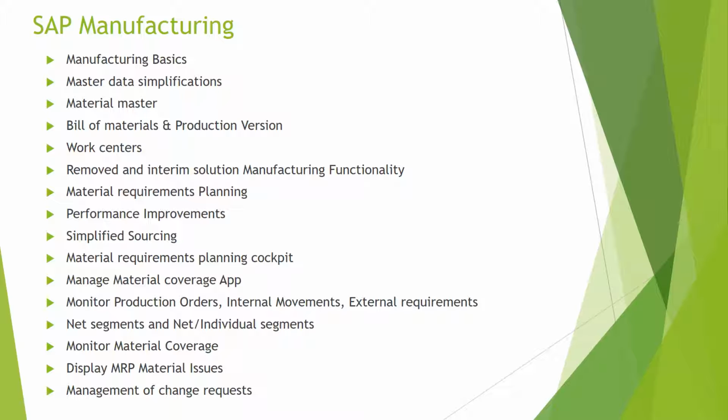So this app, the display MRP material issues app, shows which materials were excluded from the planning run. This app also includes the needed information to address the issue that prevented the item from being planned. Okay, that is about the display MRP material issues app.